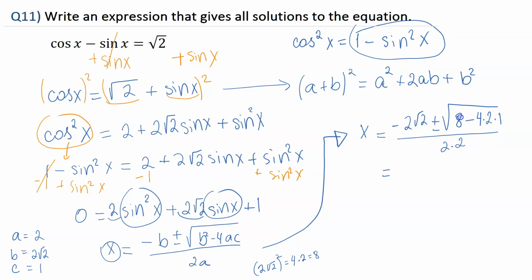Let's simplify the expression. Under the square root we have 8 minus 8, which is 0. Square root of 0 is 0. Negative 2 radical 2 divided by 4. I can reduce both numerator and denominator by 2. The answer is negative radical 2 over 2.